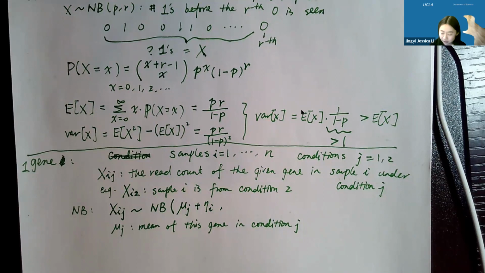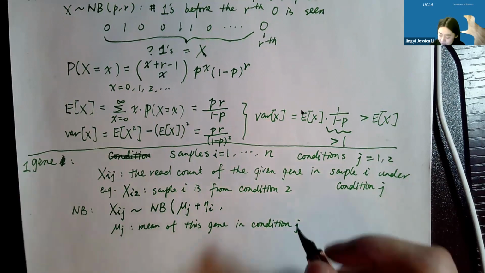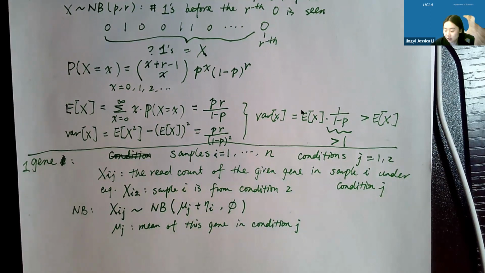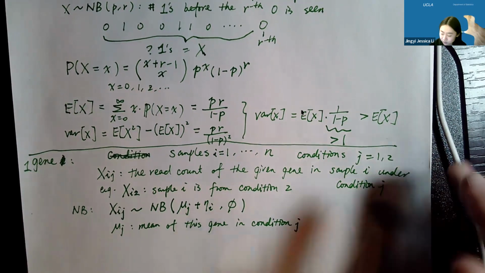We are left with that option. But for simplicity, let's forget about that. I just put a phi here without worrying that the batch effects may affect the dispersion, not just the mean. So what I'm saying here is basically all the modeling considerations we need when we model a real problem.